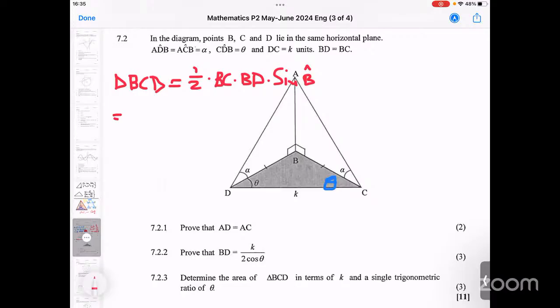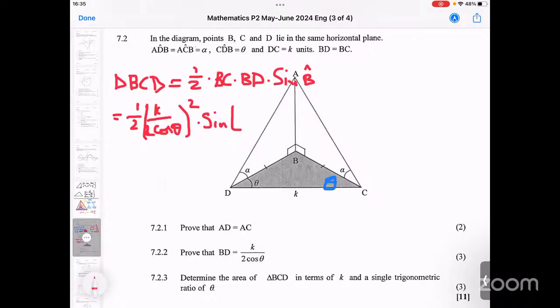So then it would be half times K over 2 cos theta squared, so inside the bracket squared. Yes, sir. And we would times it by sine B, which is sine 2 theta.